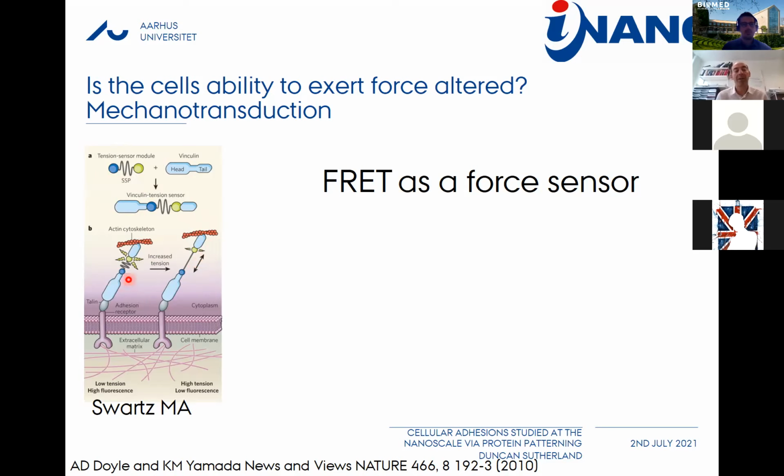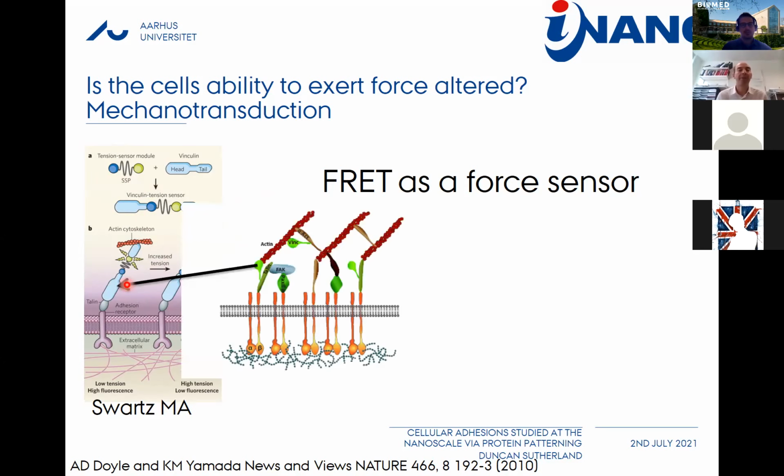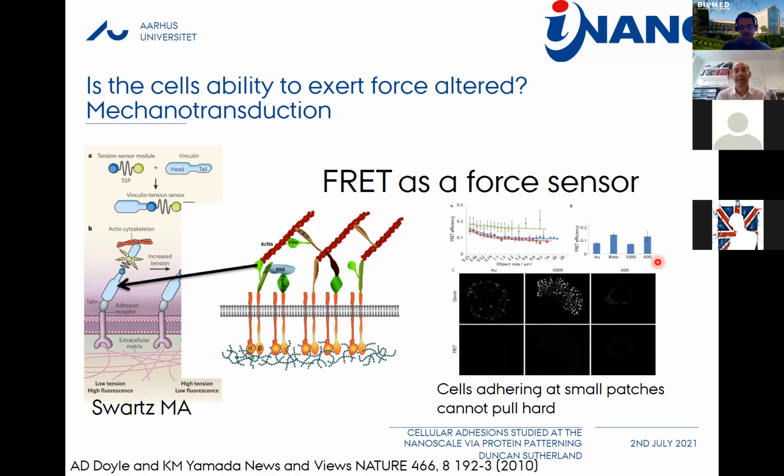And when there's little force, then there is a lot of FRET. So it's sort of a force sensor. And so then this vinculin is present as one of these adapter proteins in the focal adhesions. So if there's force being exerted on the actin, then you could imagine that you might have a response from this force sensor. And so we then looked at patterns of different sizes.